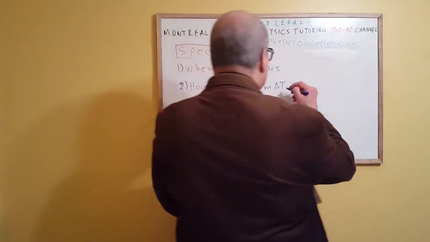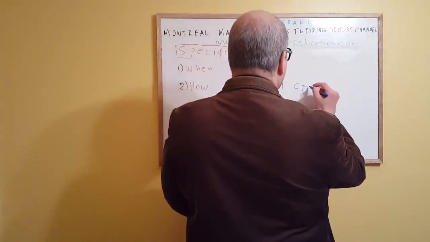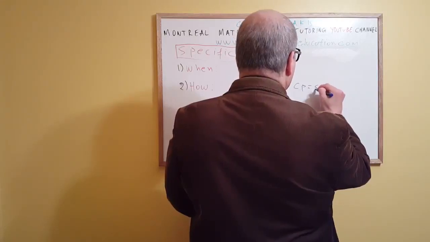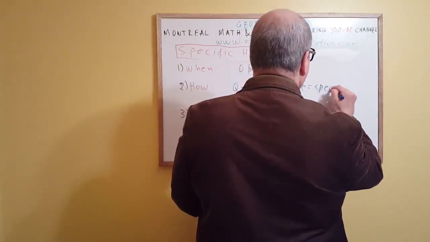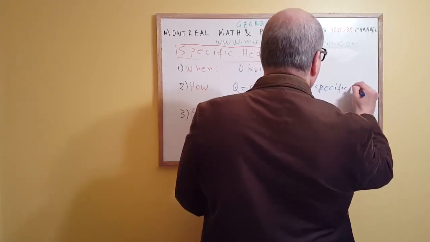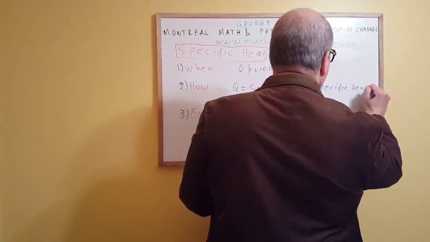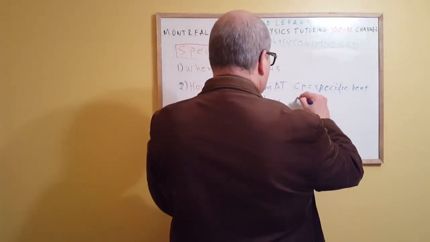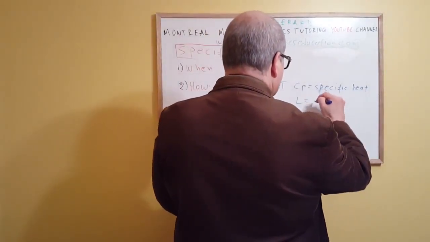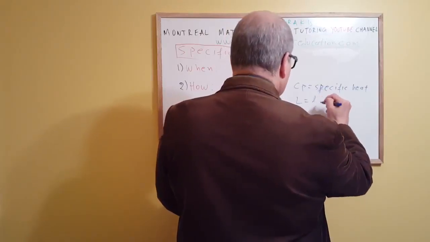We said that Cp stands for the specific heat of the material, and L is the latent heat of the material.